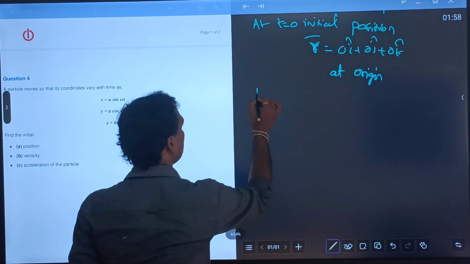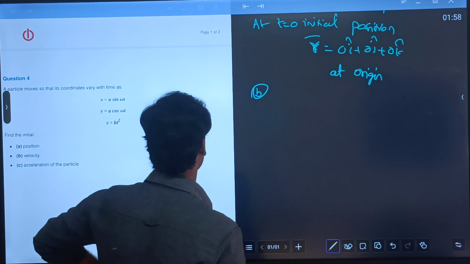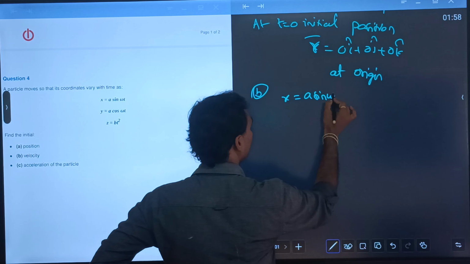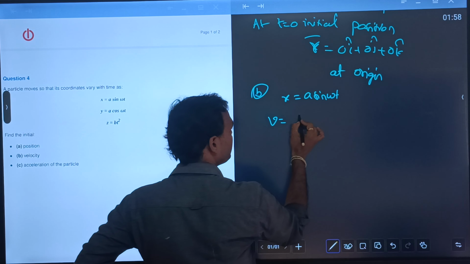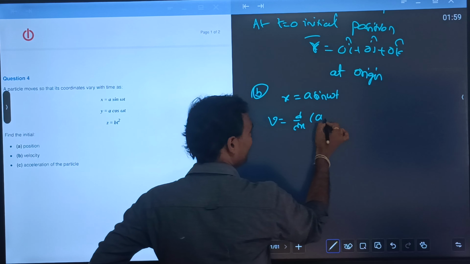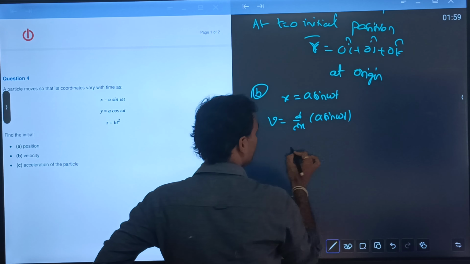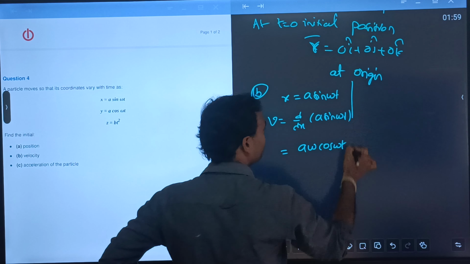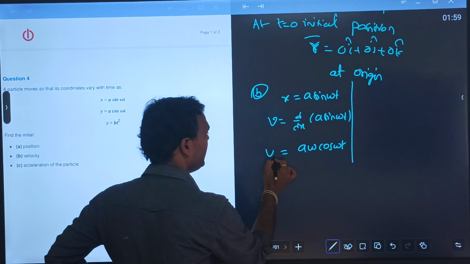Similarly, number B, what is its velocity? Velocity means, x equals a sin omega t, so its velocity becomes d by dt of a sin omega t, which equals a omega cos omega t. This is the x coordinate Vx.